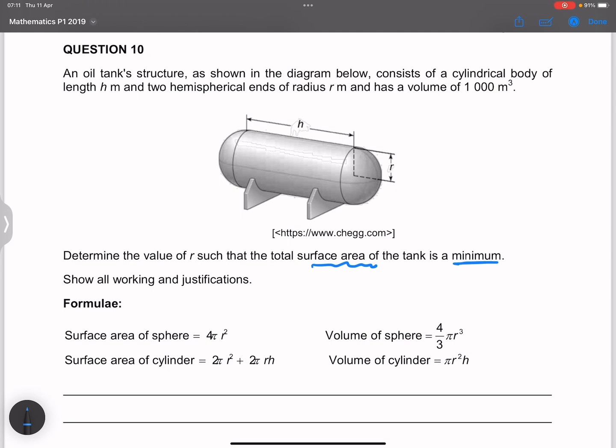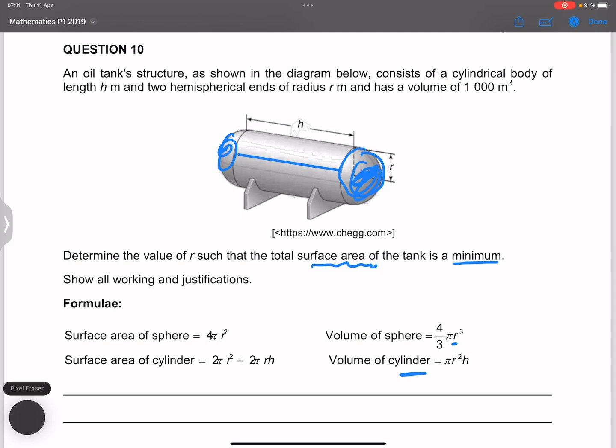So the volume would be the volume of the cylinder, plus the volume of the hemispheres on the left and the right hand side. The volume of a full sphere is 4 over 3 pi r cubed. Now remember, two hemispheres put together will give us an entire sphere, right?